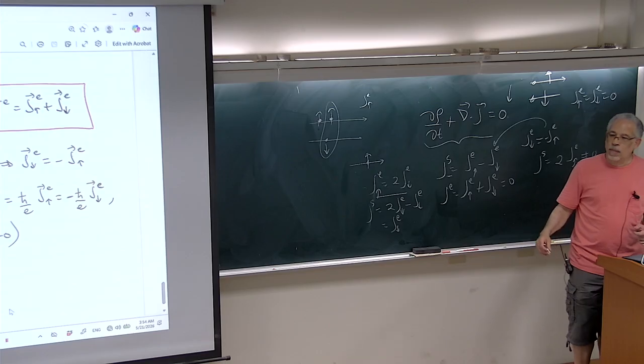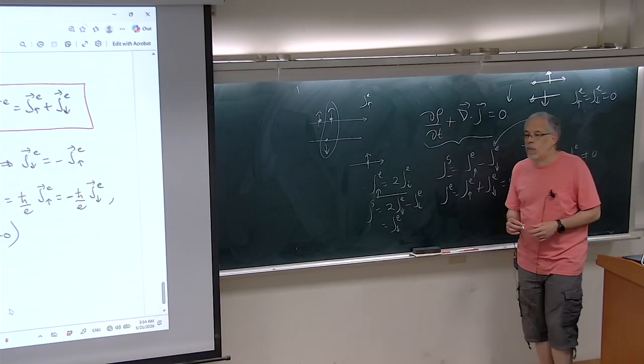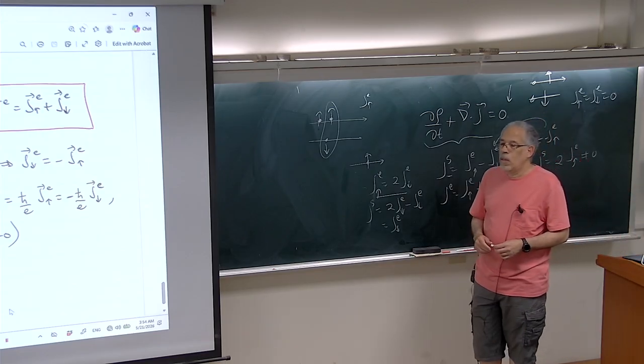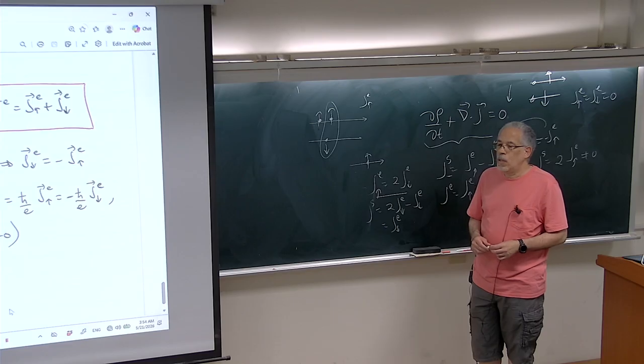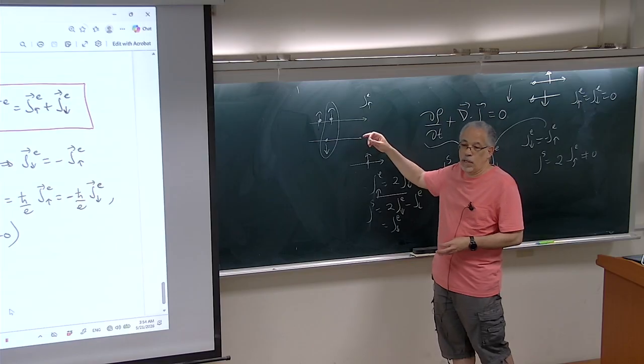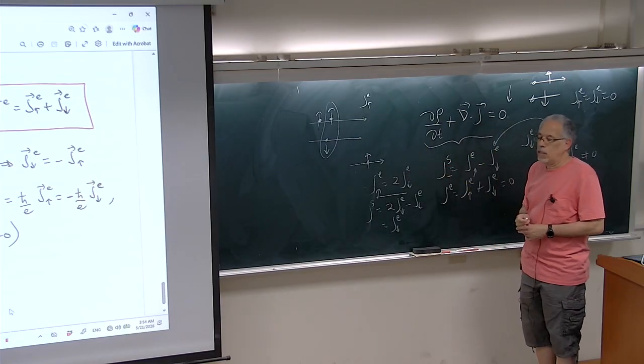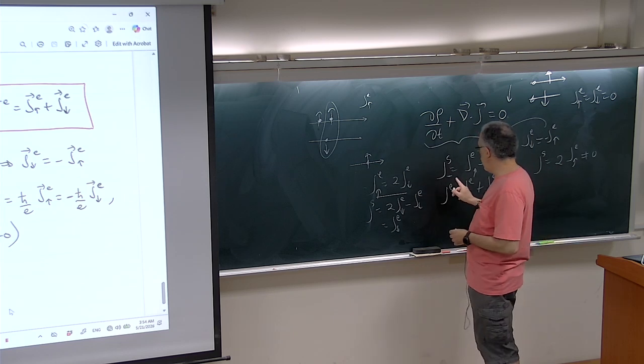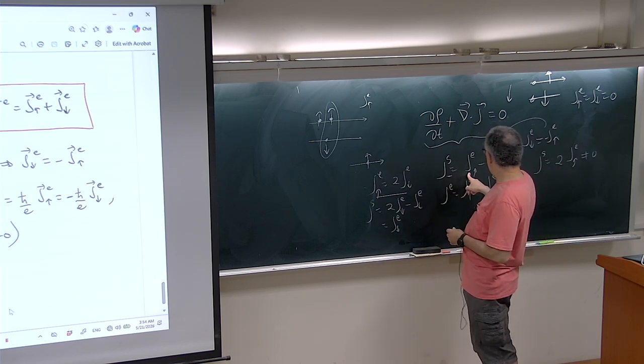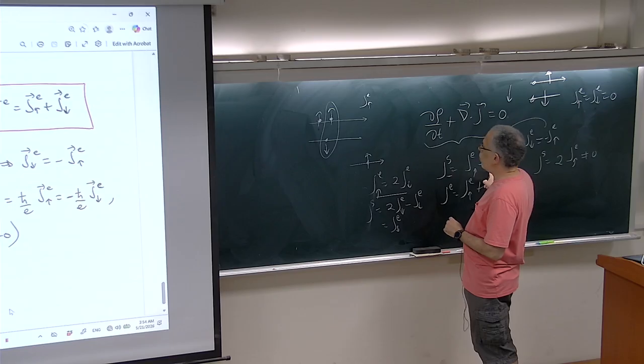So we can know the magnitude, but you should know the directions of all the currents. Let's say that this is moving from left to right, and this is also moving from left to right.